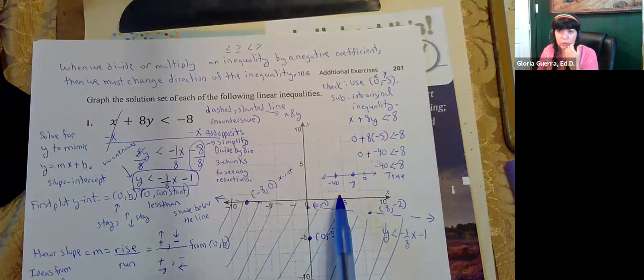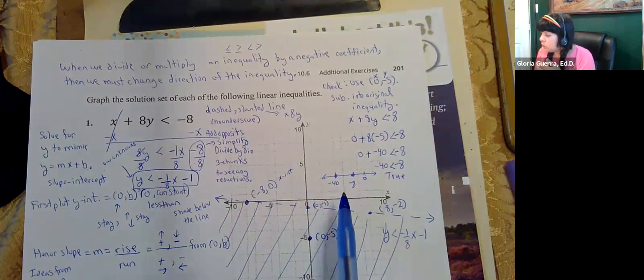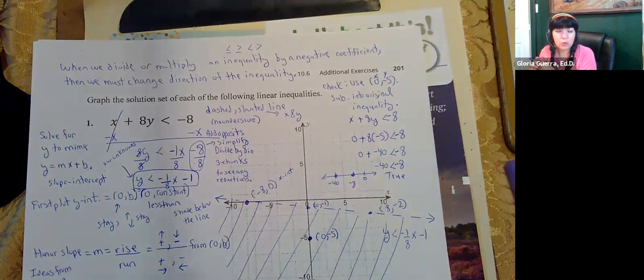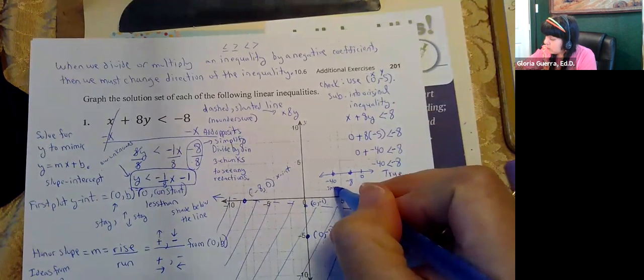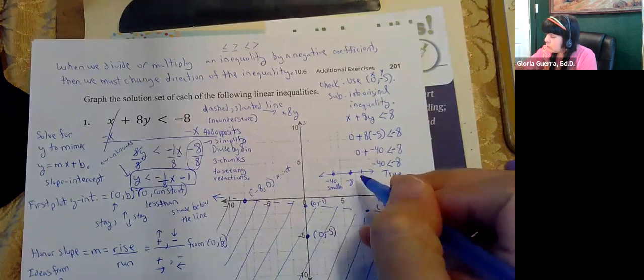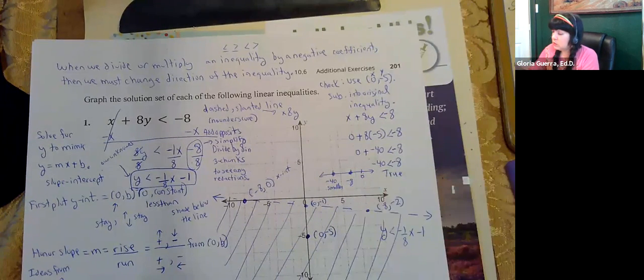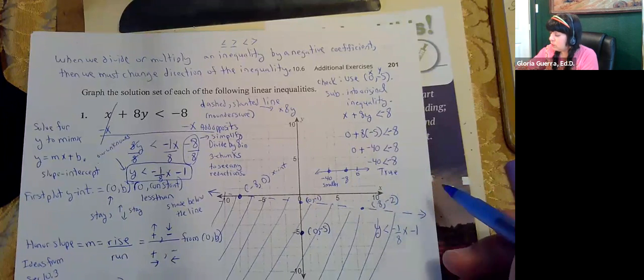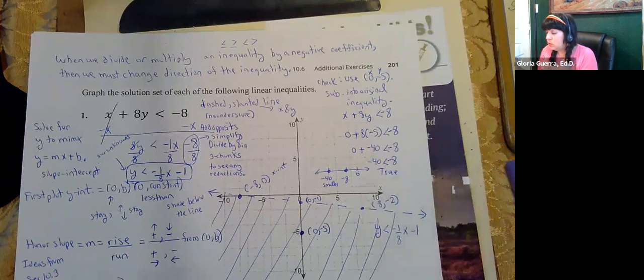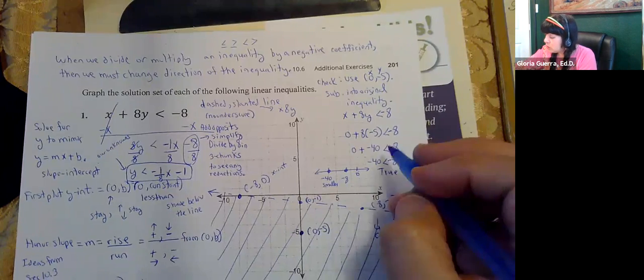Is that what we learned in one of our notes in one of our chapters, right? That numbers to the left on a number line are always smaller. So -40 is on the left of -8. -40 is smaller. So this is true. -40 is less than -8. That's true. So that means that you want to shade the side.